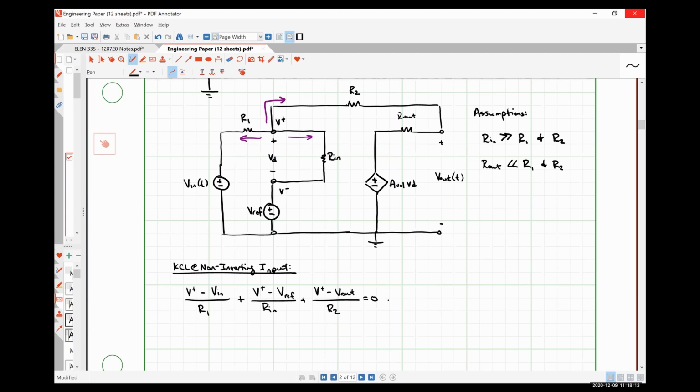So based on the assumptions that we're making, that current is going to be negligible in comparison to the current effectively being supplied by the input voltage source and the current flowing through the feedback resistor. I'm able to make that assumption under the constraint that Rin is much, much greater than R1 and R2.